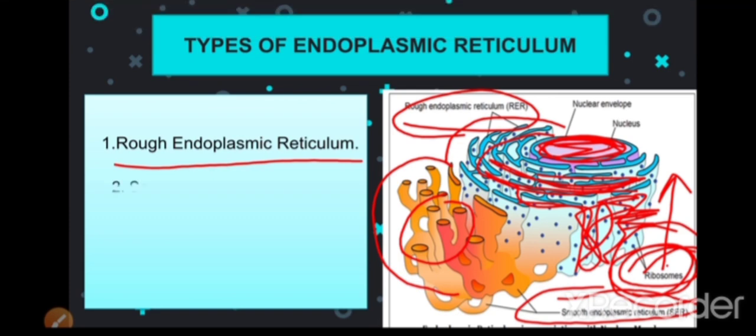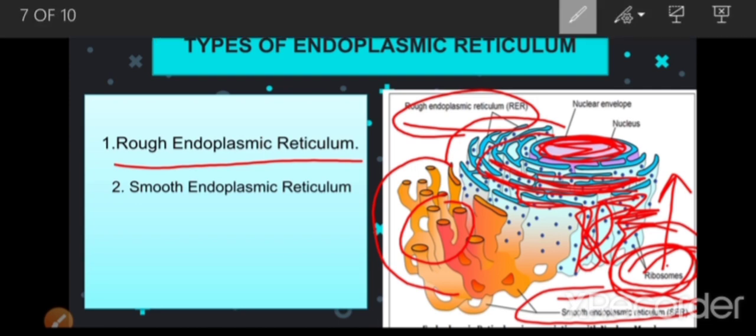Let's talk about the second type of endoplasmic reticulum, the smooth endoplasmic reticulum. In this figure, you can see it doesn't have ribosomes over the surface, and because of that it is called an agranular endoplasmic reticulum, because it lacks the granules of ribosomes, and due to the absence of ribosomes the surface is smooth, and that's why it is called smooth endoplasmic reticulum.